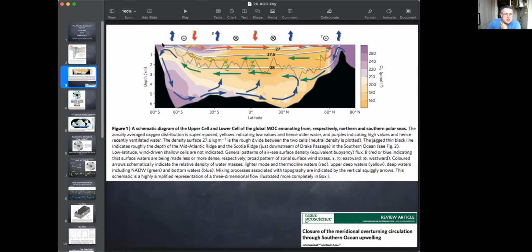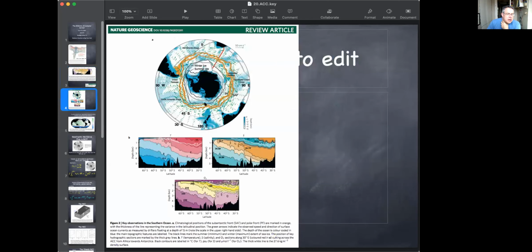And whether it relates to the ACC itself, which is also coming out of the page, going in the same direction as the winds. Here it is looking from above. Now we see the ACC going around and around in the same direction as the winds, from the west to the east.